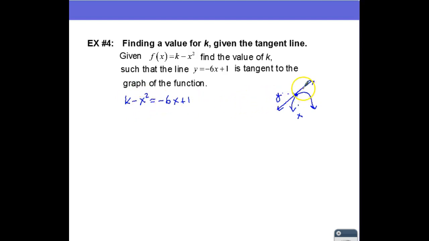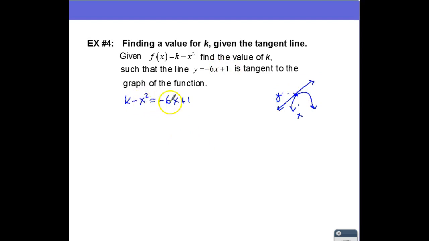Because if y equals negative 6x plus 1 is my function, then the slope of that line should be equal to the slope of the tangent line for my parabola, because guess what? This is the tangent line.